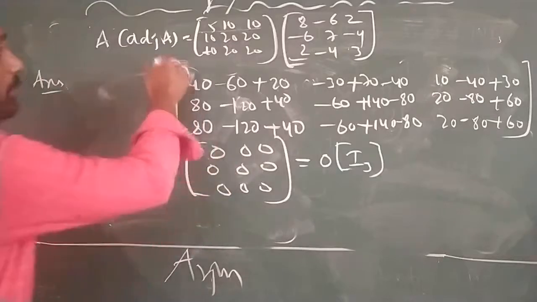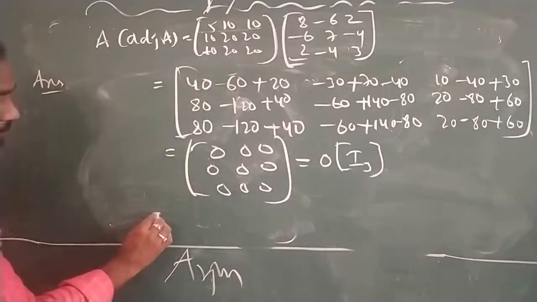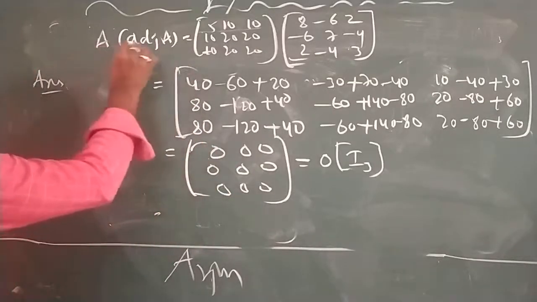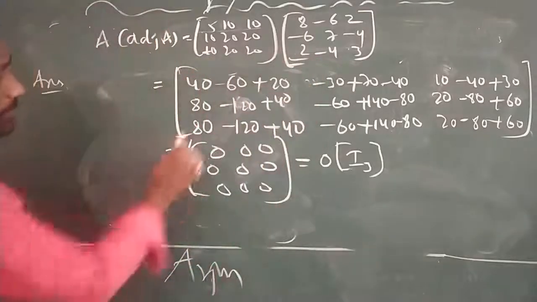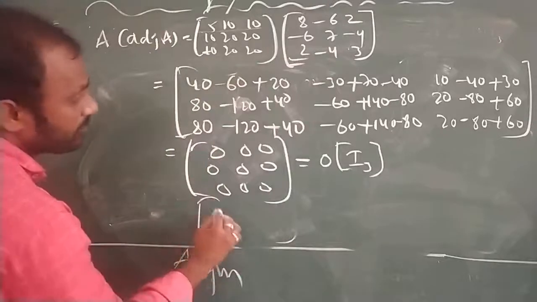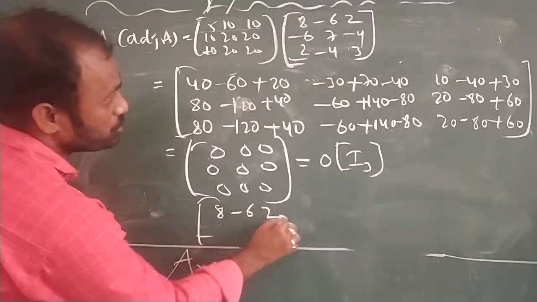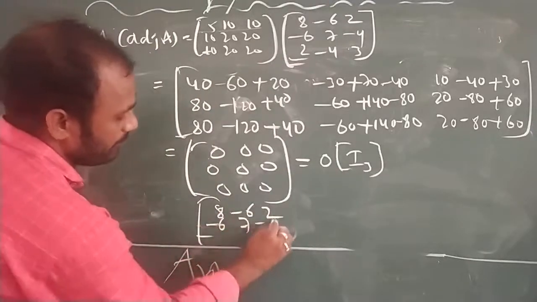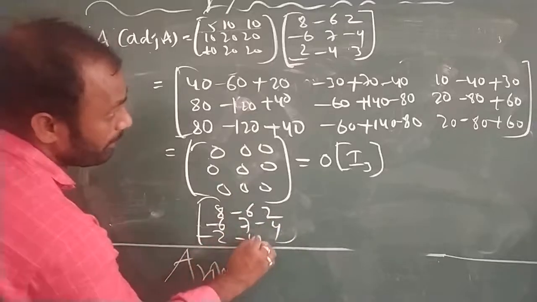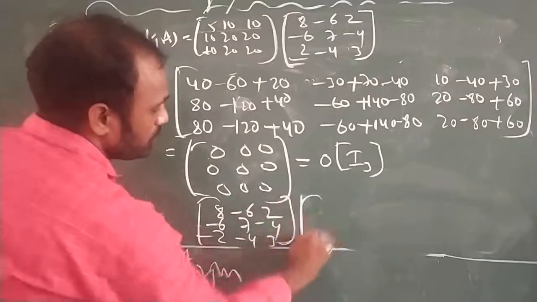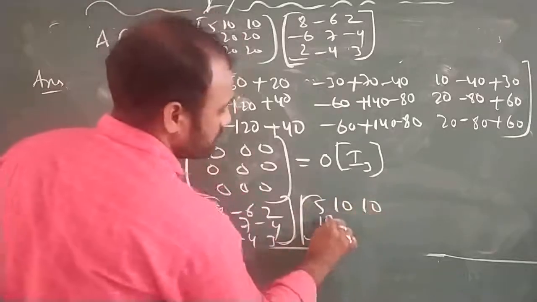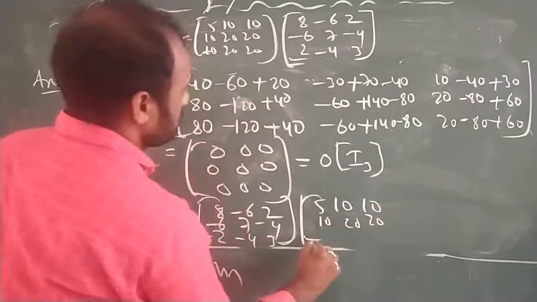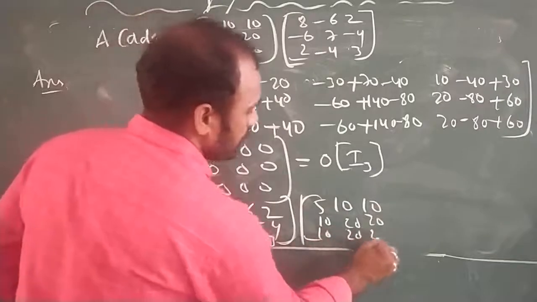I will tell you. Afterwards we have multiplied here A into adjoint A. Adjoint A into A we have multiplied. Next we need to multiply 8 minus 6 2, minus 6 7 minus 4, 2 minus 4 3 into 5 10 10, 10 20 20, 10 20 20.